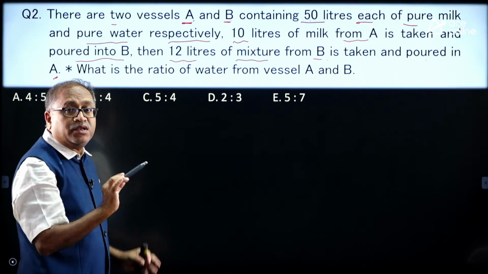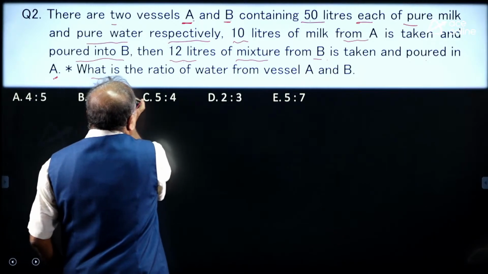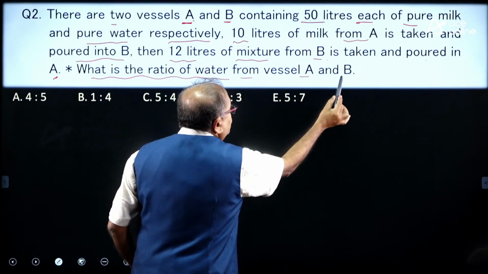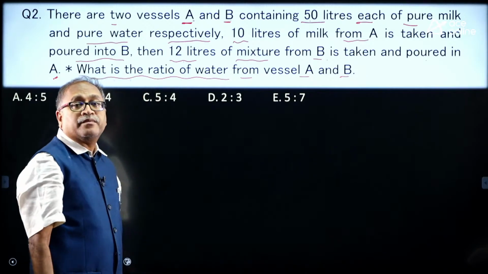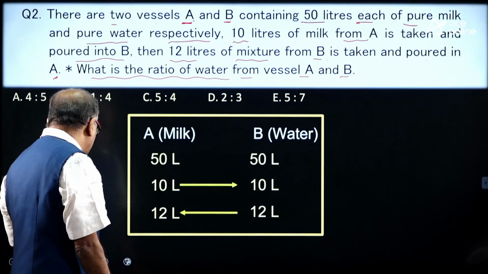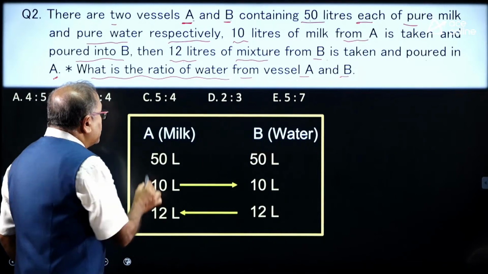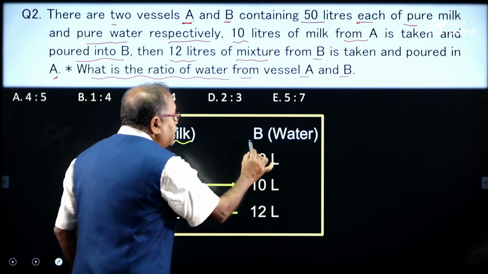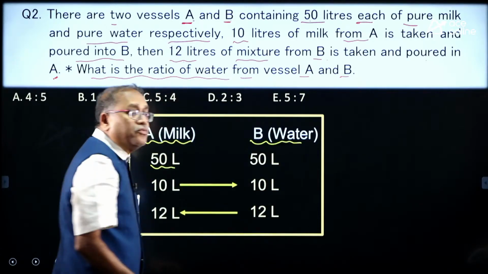Is the activity understood? Now, what is the ratio of the water in vessel A to that in B? In order to make the question very clear, here it is. You can see that A has 50 liters of milk, B has 50 liters of water.